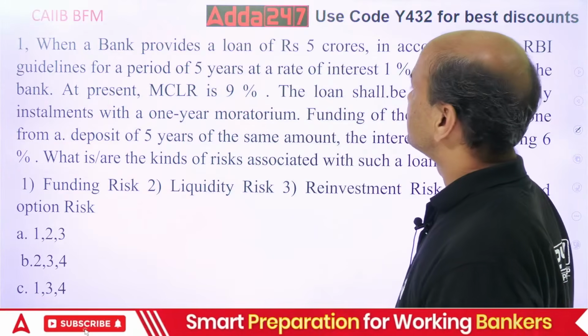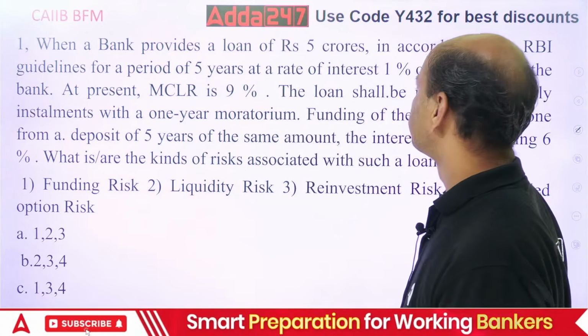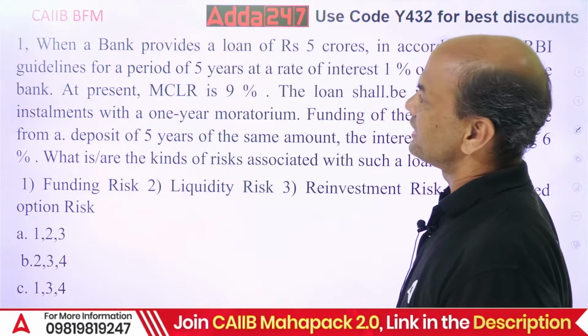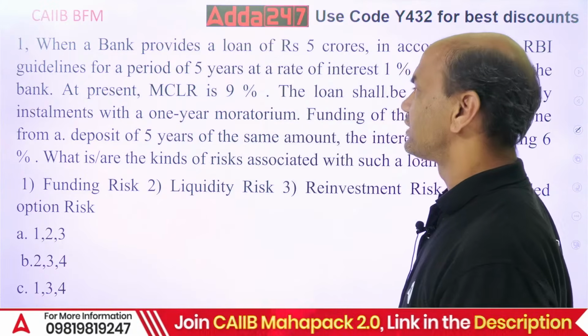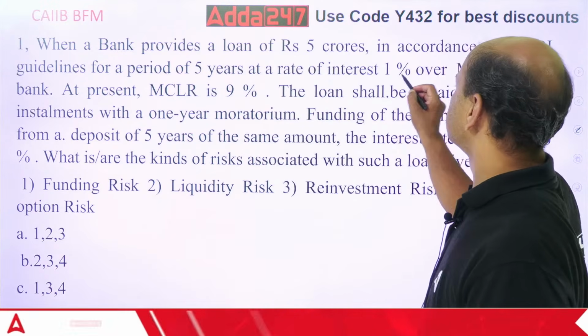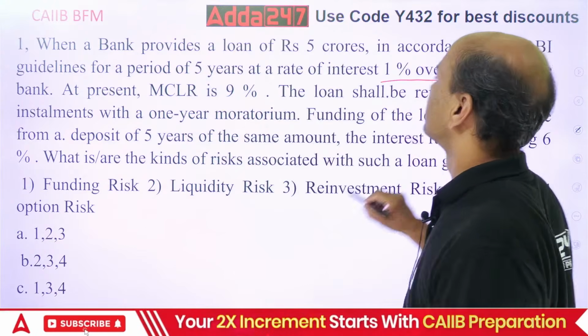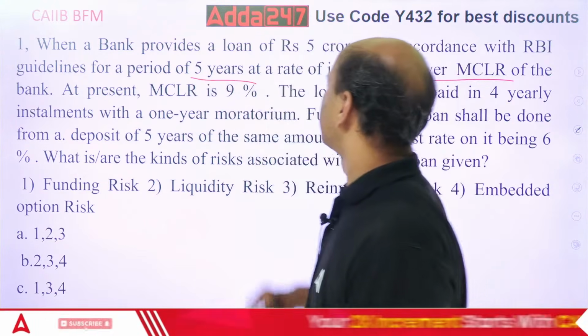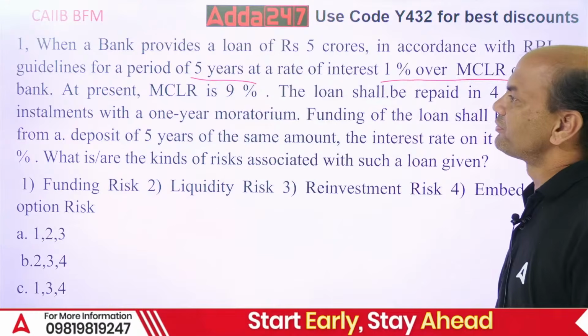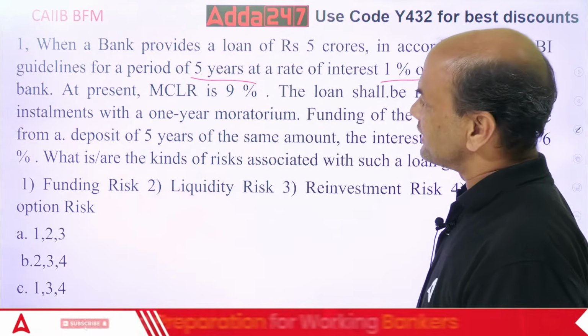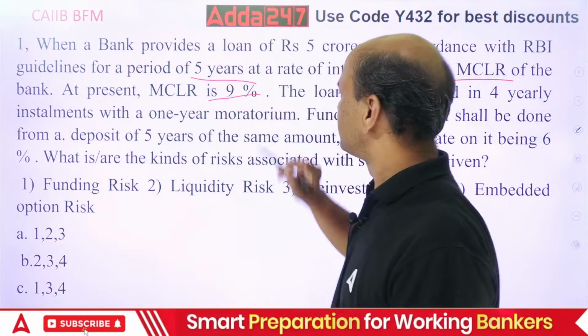When a bank provides a loan of 5 crores in accordance with RBI guidelines for a period of 5 years at a rate of 1% over MCLR. At present, MCLR is 9%.